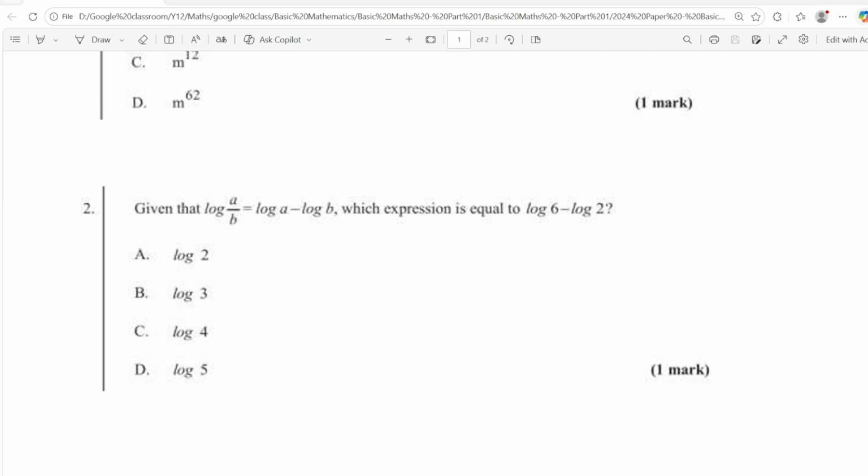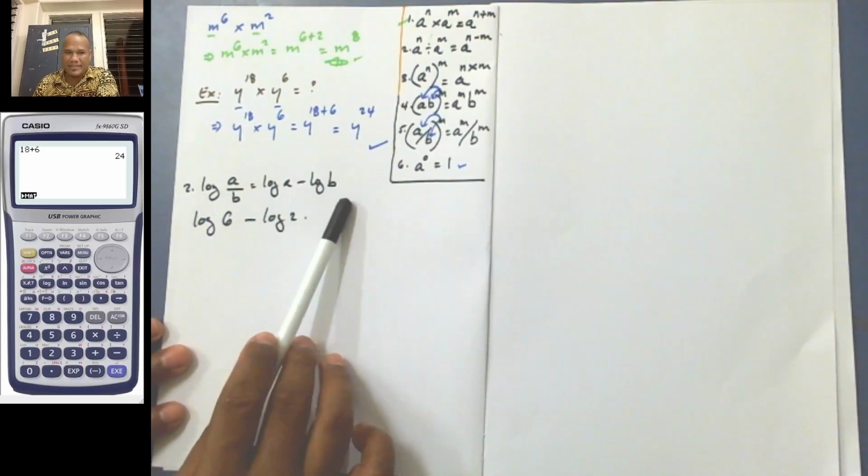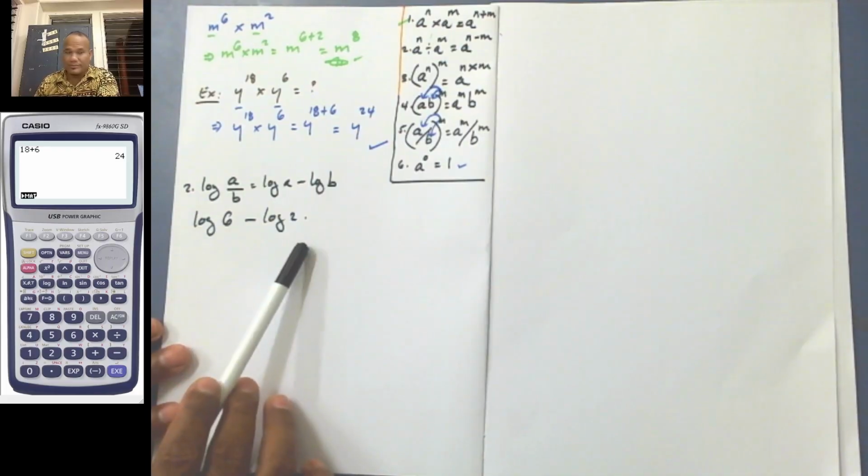Let's try and solve that question. Question 2 says log A divided by B is equal to log A minus log B, and they have given us an expression saying log 6 minus log 2.